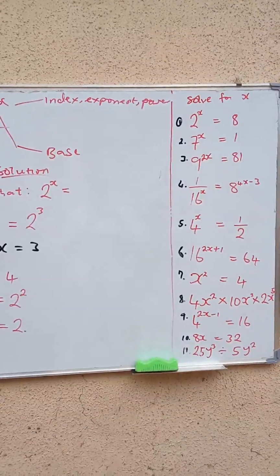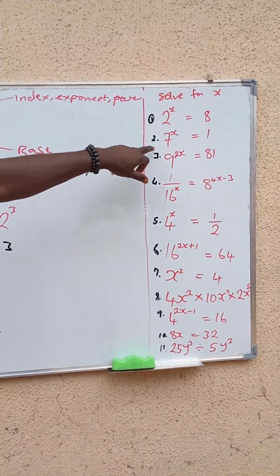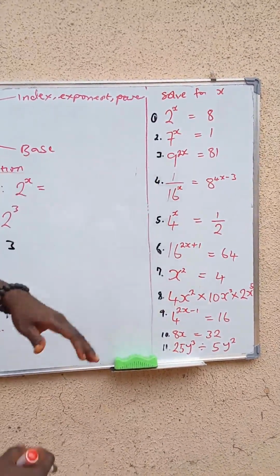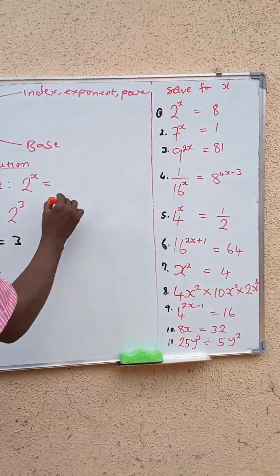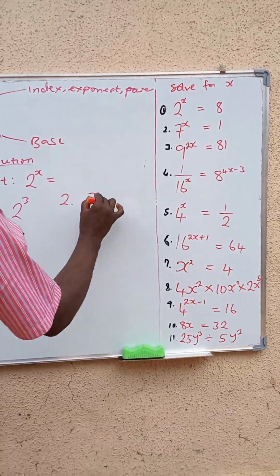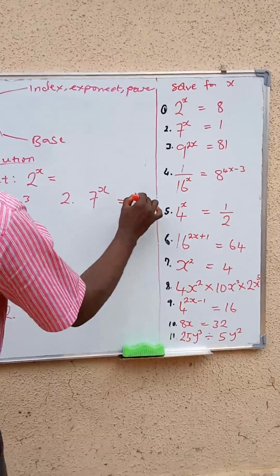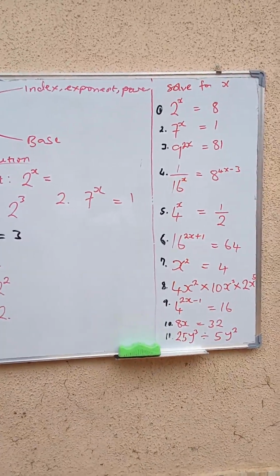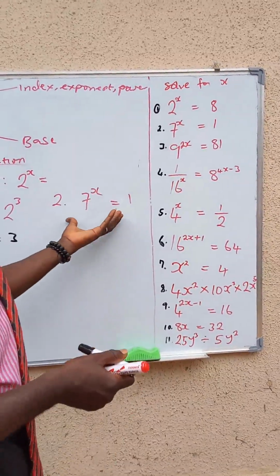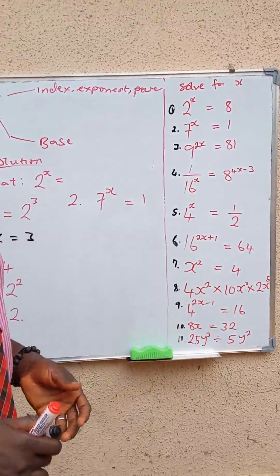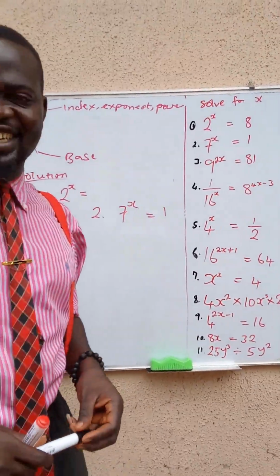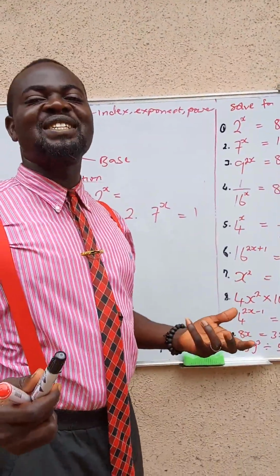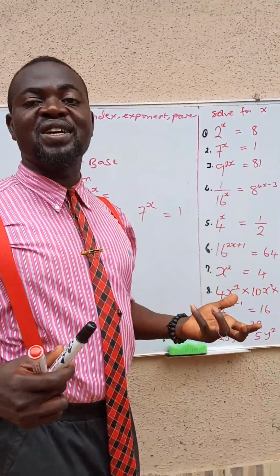Now, if you look at this again, there's another law there, like number 2. You said that 7 raised to the power of x is equal to 1. Now, in this case, you have to balance it. And in indices, I told you that anything raised to the power of 0 is 1.